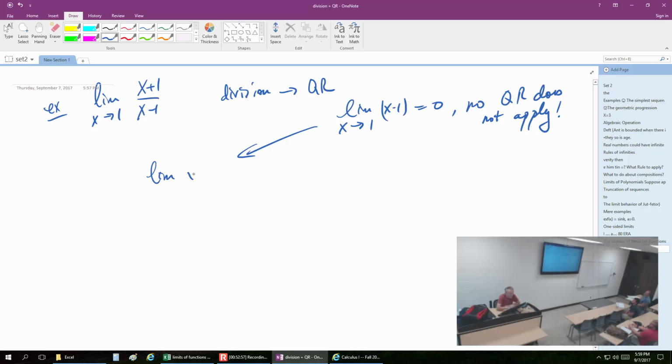We look at the limit of the numerator, and the limit of the numerator is what? 2. Okay, so the denominator goes to 0, the numerator goes to 2. What would you guess the original limit is? This one goes to 2, this one goes to 0.